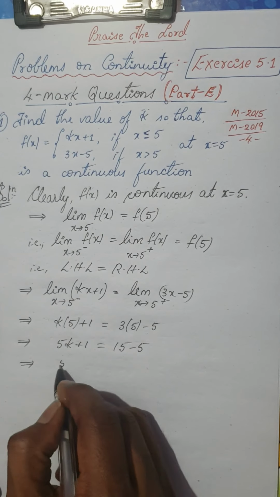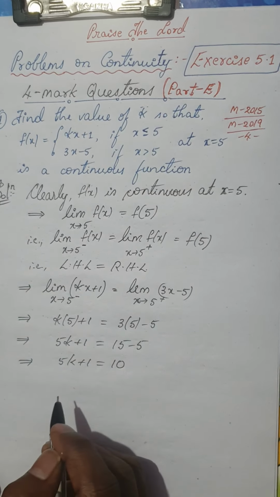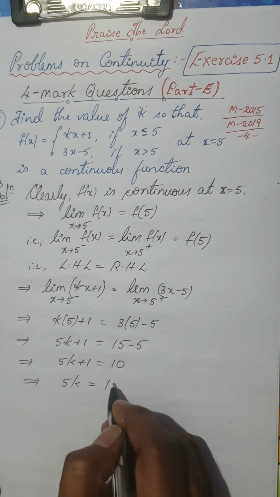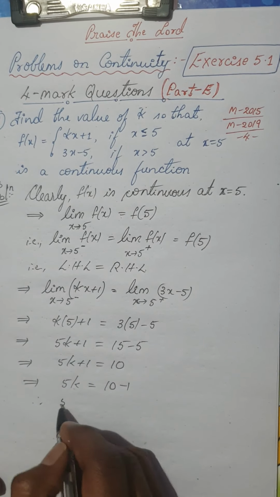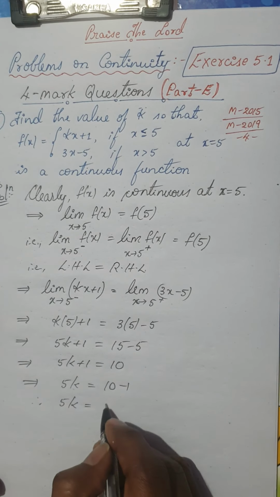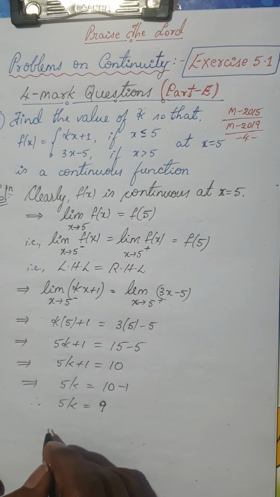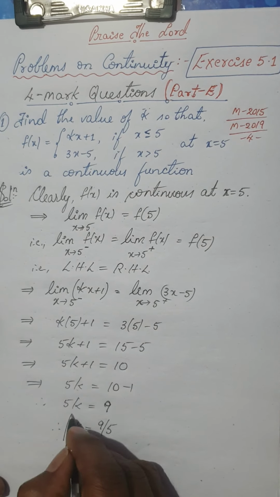This implies 5k plus 1 is 3 fives are 15 minus 5, that is 10. So we get 5k is equal to 10 minus 1. What is 10 minus 1? It is 9, isn't it? From this I get k is equal to 9 by 5.